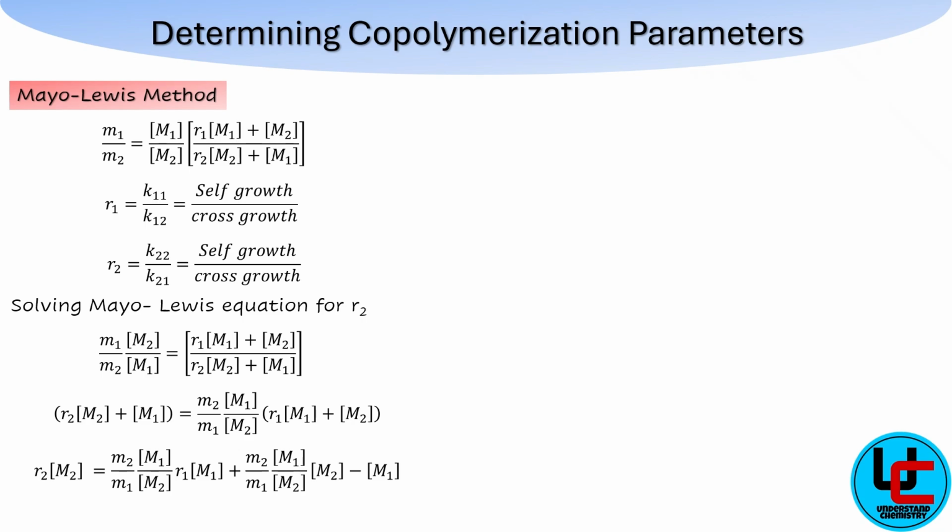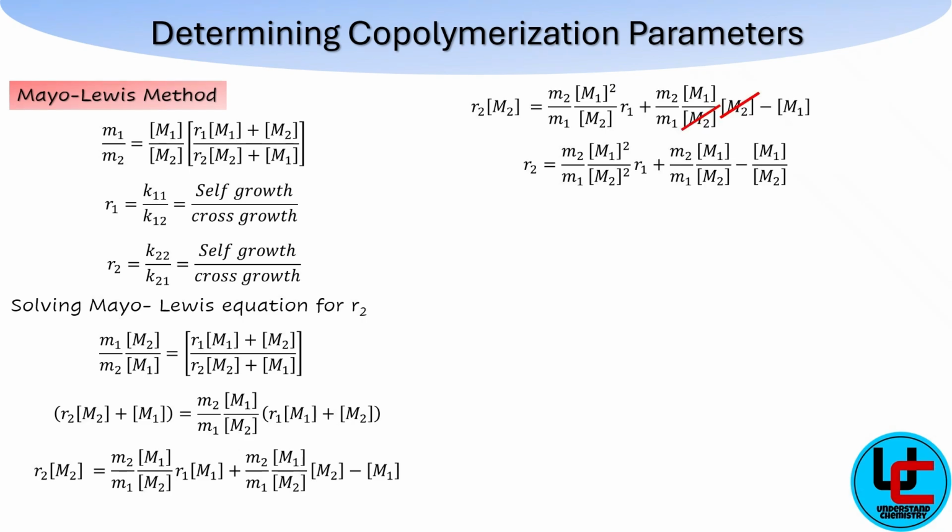Now, in order to find the reactivity ratio using the Mayo-Lewis method, we solve the Mayo-Lewis equation for R2. We rearrange the equation. First, we expand and simplify the terms. After a few steps, we arrive at the following equation.